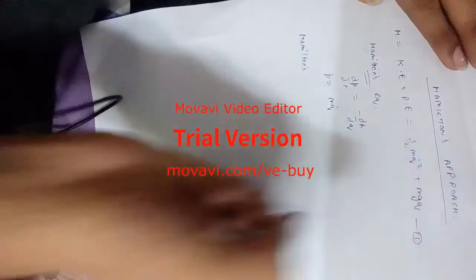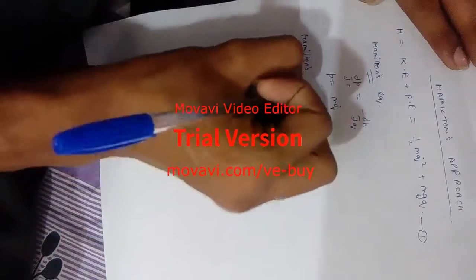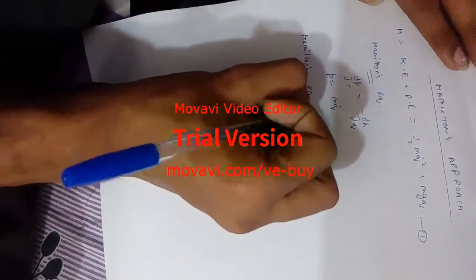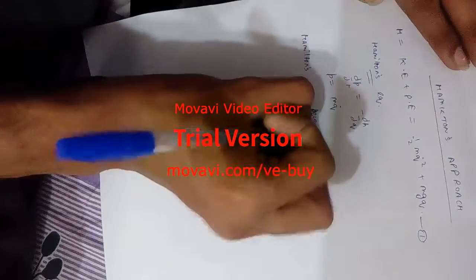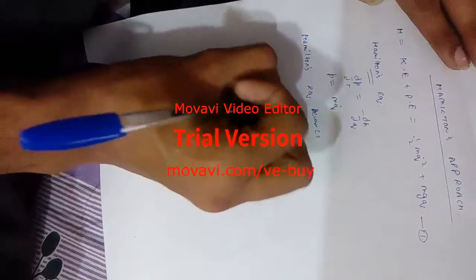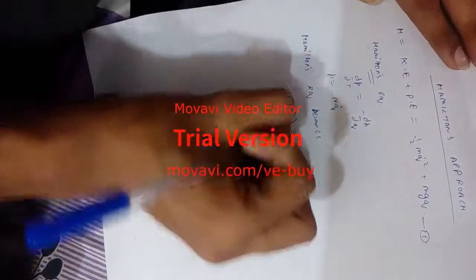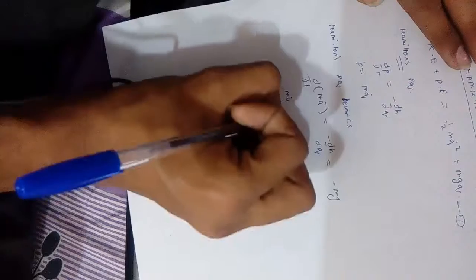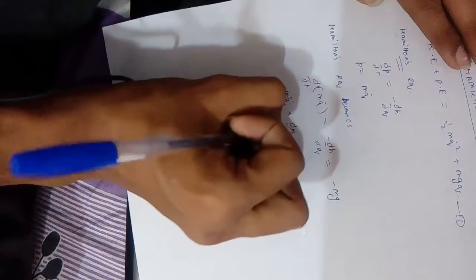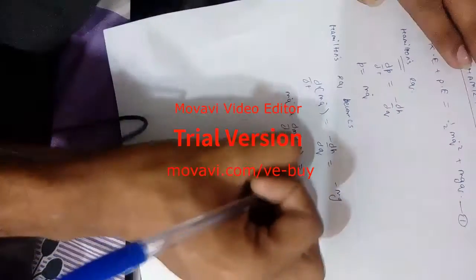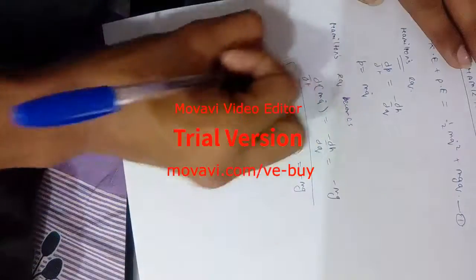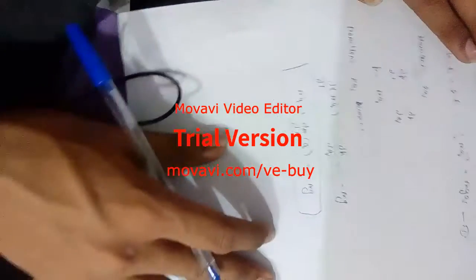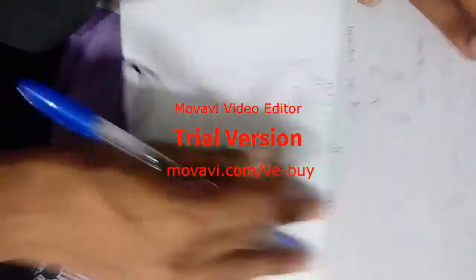Substituting this in the above equation, the Hamilton equation becomes d by dt of m q dot equals minus mg. So m q double dot plus dm by dt of q dot equals minus mg. This is the equation we have got from Hamilton's mechanics.